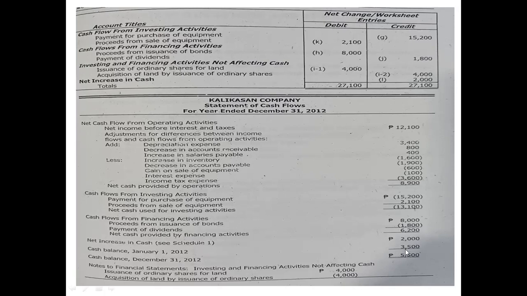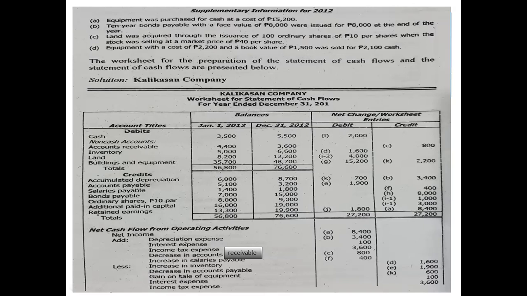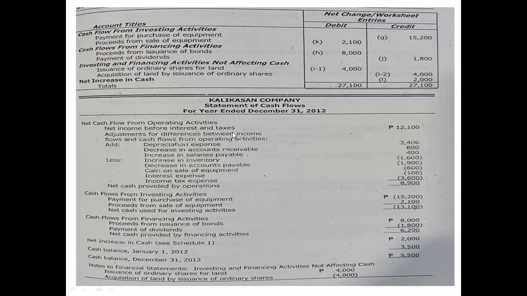So 3,500 here in the balance sheet. And the cash balance December 31, 2012 is 5,500. That's 2,000 plus 3,500.